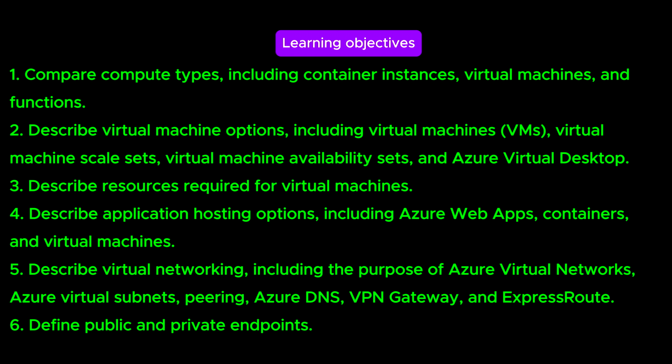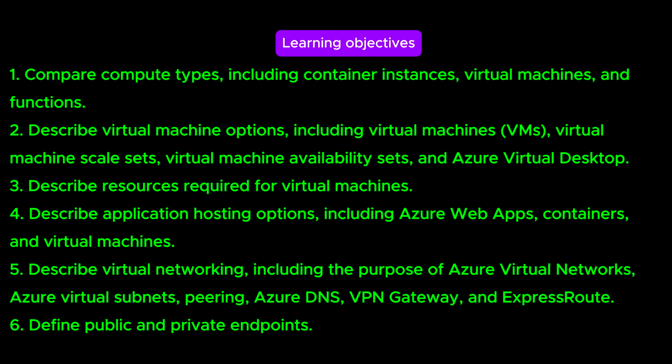If you have a number of virtual machines, you can centrally manage, configure, and update all the machines. It will automatically increase and decrease the number of virtual machine instances in response to demand or a defined schedule, because we have discussed scalability and high availability.